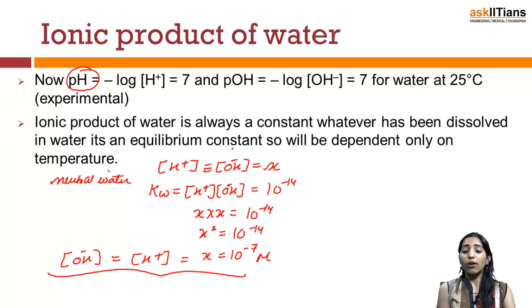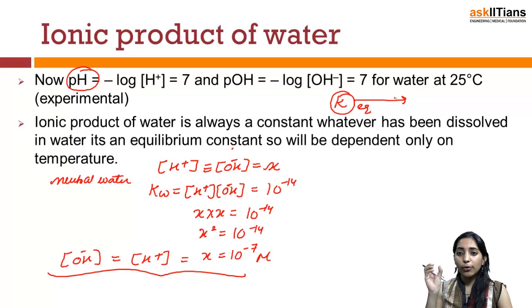It's an equilibrium constant, so the value will be dependent only and only on temperature. As we have discussed in the earlier slide, any equilibrium constant K equilibrium, of any type, is dependent only and only on temperature, irrespective of the values of reactants and products.